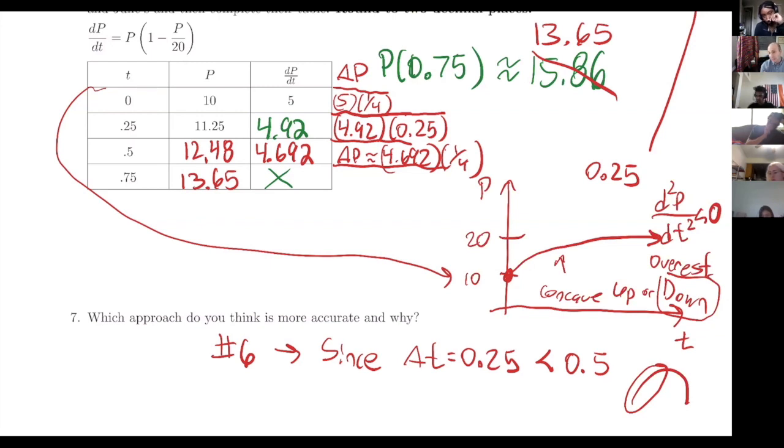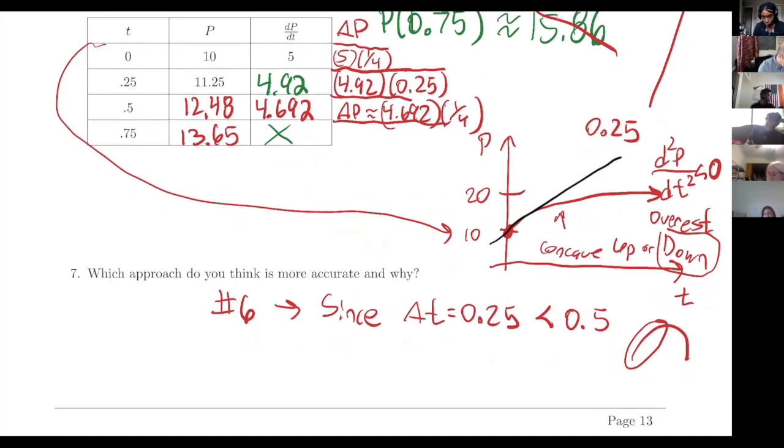And when the graph is concave up, our estimate is going to be an underestimate. That relates to the idea that when something is concave up, the actual graph should be below your tangent approximation for that graph. Just some related facts to this.